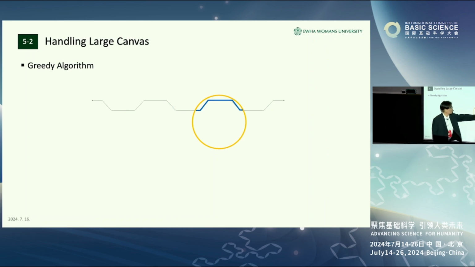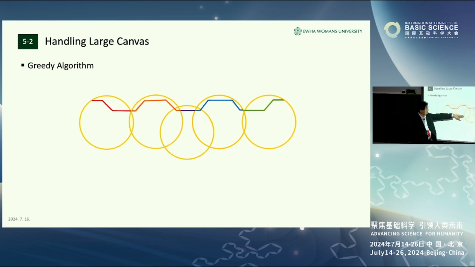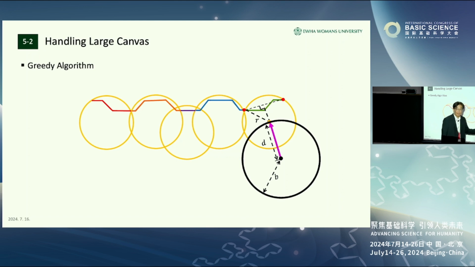So this circle covers this portion, and the next one will cover here, and the next circle will cover here. So in a greedy fashion, you can find this set of circles or coverage. From these coverage circles, we then find the robot base, again using something similar to inverse kinematics. So this is where the robot base will be located.